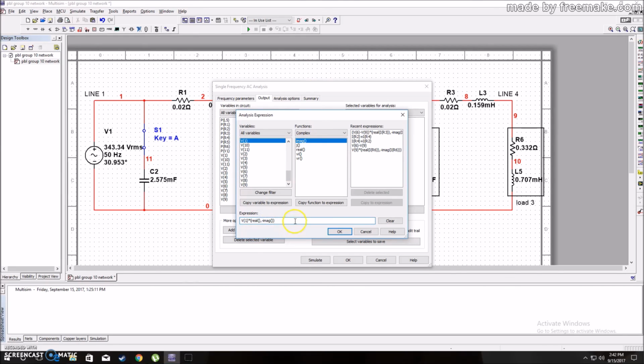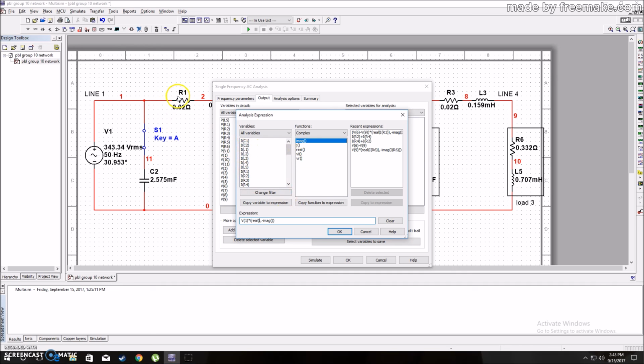Okay. For the current flowing at the supply, it comes from Kirchhoff's current law, by adding the current flowing at transmission line 1, 2 and the current flowing at the shunt capacitor.